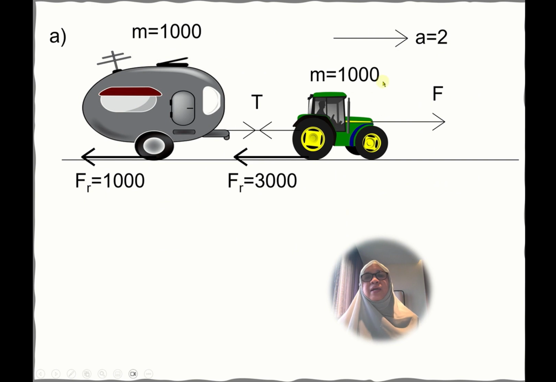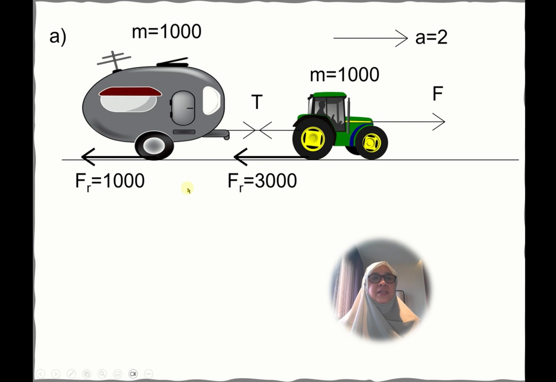This is the tractor, the mass also 1000 kilogram. Okay, so this force is the engine thrust from the tractor. So the tractor moves forward with this force. So therefore there is a tension in the tow bar here. So this is the action-reaction force, actually, the tension here.